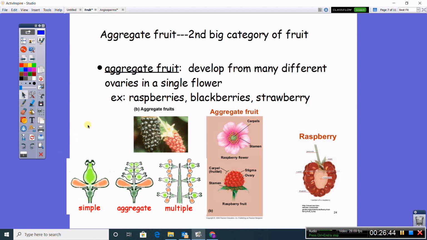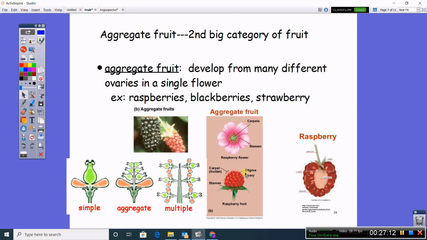Next, we're going to talk about an aggregate fruit. An aggregate fruit is going to develop from many different ovaries in a single flower. So first up are raspberries and blackberries. If you look at this, each of the little circles that you see on a raspberry or a blackberry is from an ovary, but the ovaries are all of the same flower.